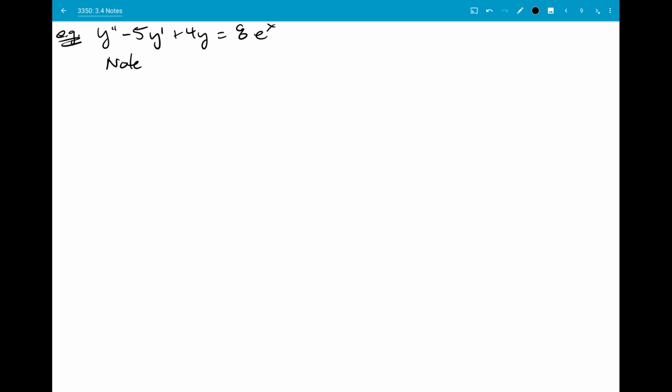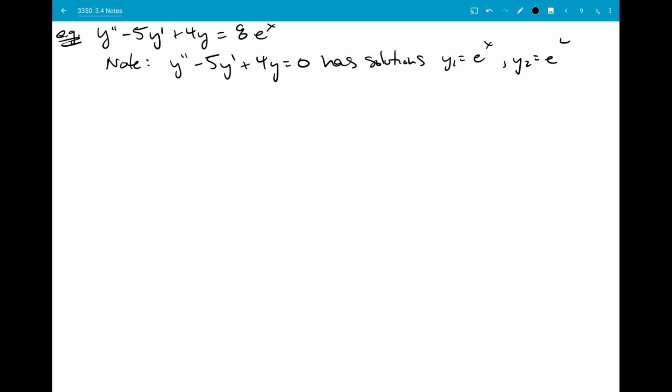And we're going to note that if you sat down and tried to solve y double prime minus 5y prime plus 4y equal to 0, you would find that y1 was e to the x and y2 was e to the 4x. That's something that you learned how to do last section. In this section, what we would say is our g of x, the thing on the right-hand side of the equation, is 8e to the x.